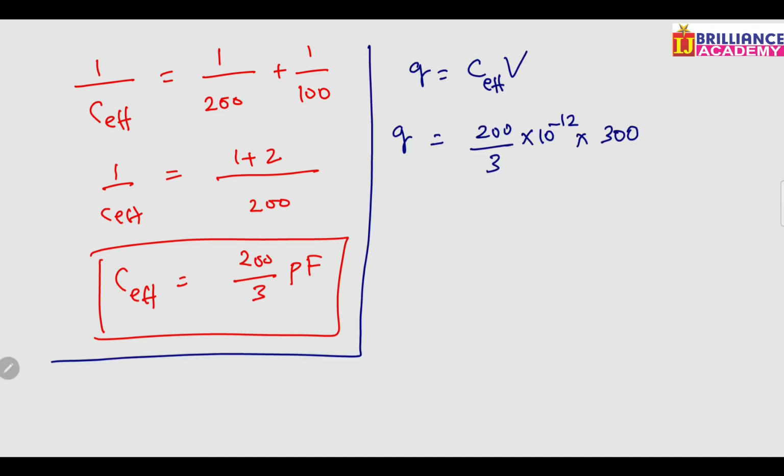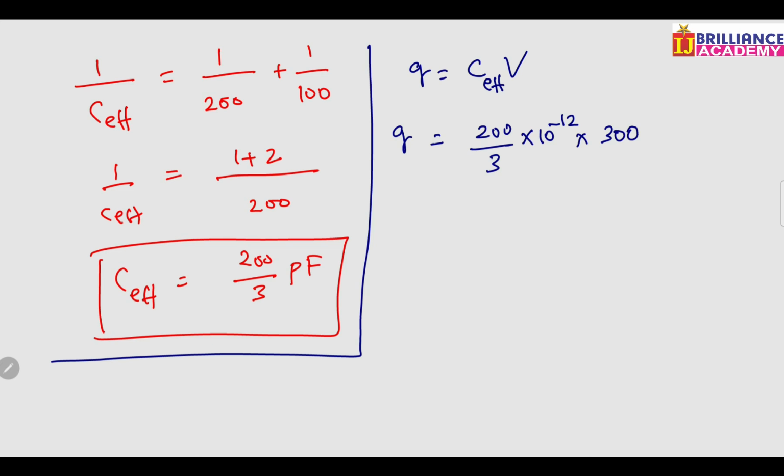And now we will find the total charge first. For total charge, we know the general formula, Q is equal to CV. So for finding total charge, you go for the C effective, multiplying with V. We know potential is 300 volt, and effective capacitance is 200 by 3 pico, 10 power minus 12.